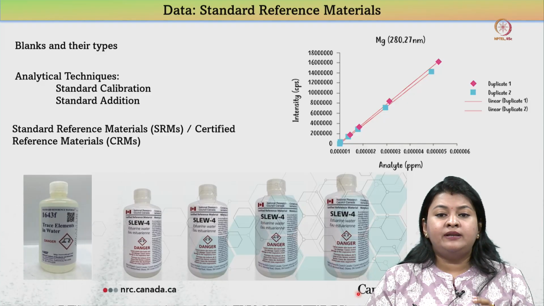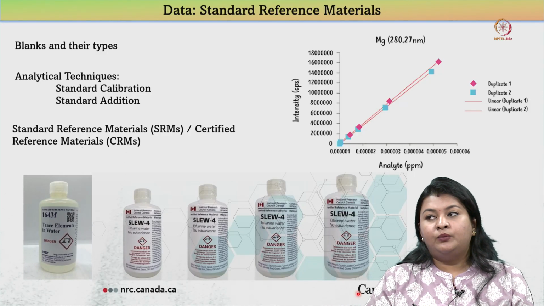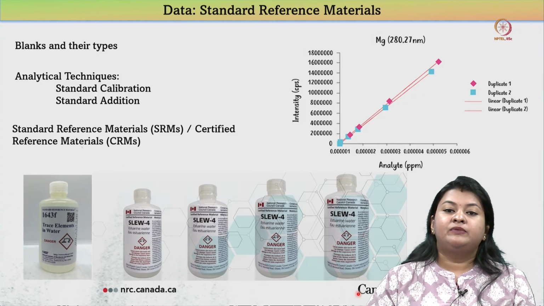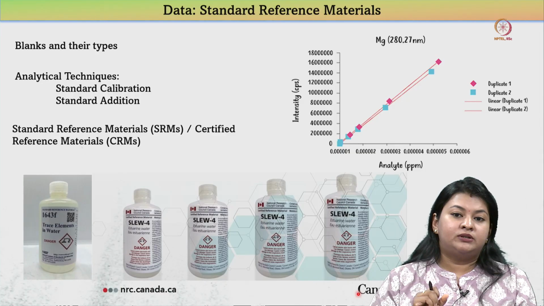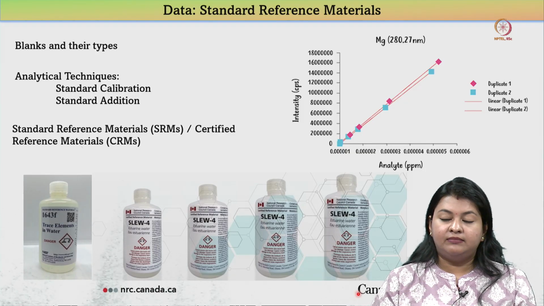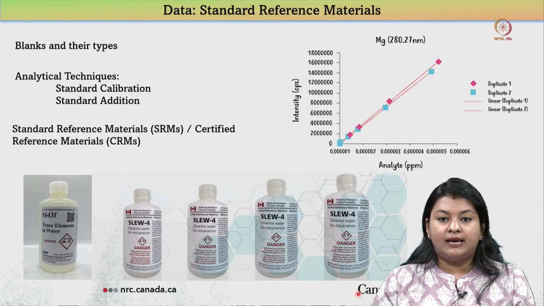When we are collecting field samples, we also collect something called a blank sample. That means we are collecting the sample in a bottle, and the bottle has to be cleaned. If you are measuring trace metals, the bottle has to be cleaned with acids.